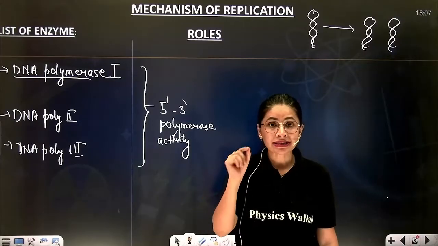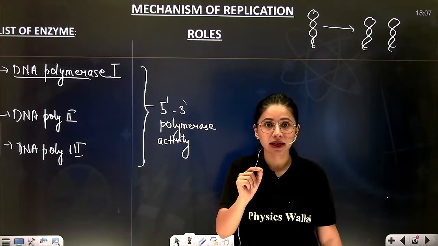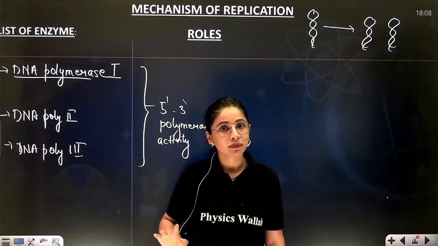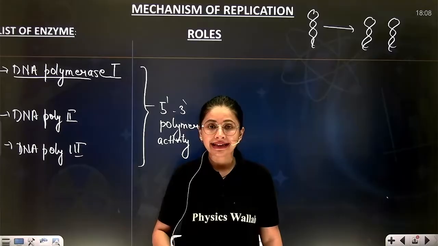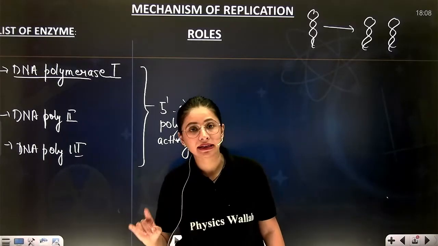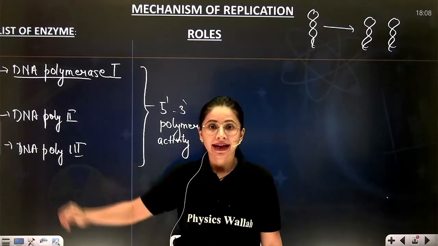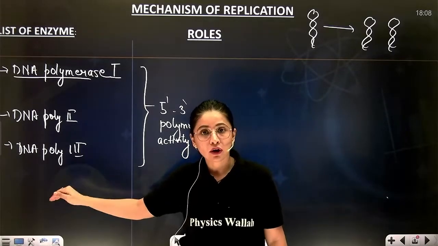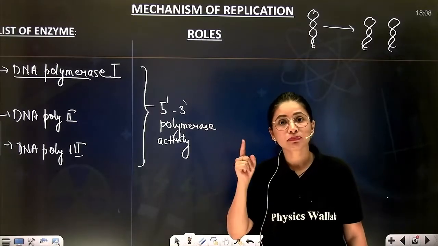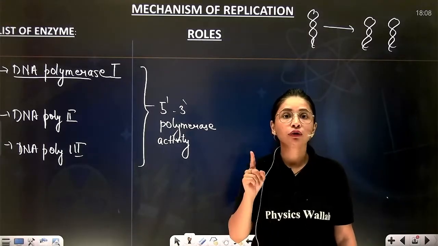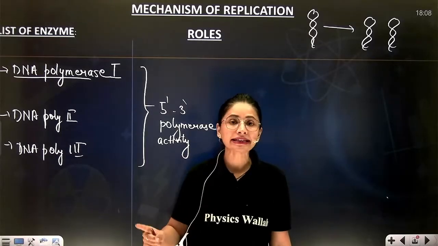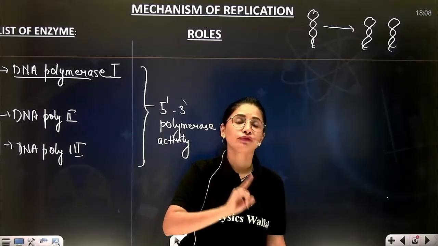But one single error in replication can cause a lot of disorders in the human body. So obviously any cell cannot take the risk of wrong DNA replication. Therefore, every polymerase, along with polymerization activity, also has proofreading activity to avoid error-prone replication, in the direction 3' to 5'.